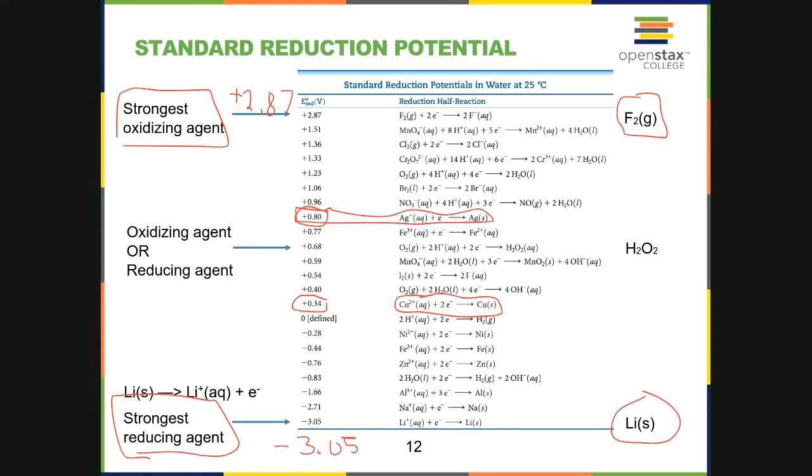So if we had to compare different materials as far as how well they oxidize or how well they reduce, we could look at their numbers. Whichever one is more positive is a better oxidizing agent. Whichever one is more negative is going to be a better reducing agent. And again, remember that a reducing agent is going to give up electrons, or lose electrons.